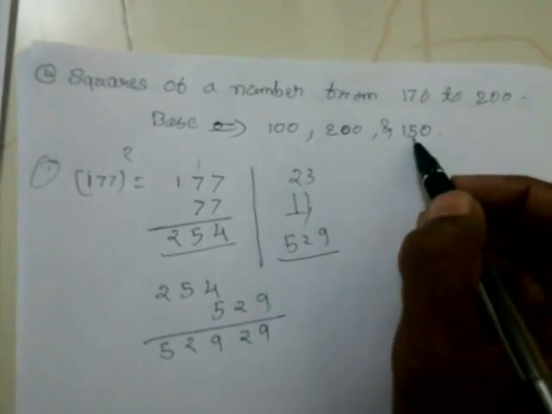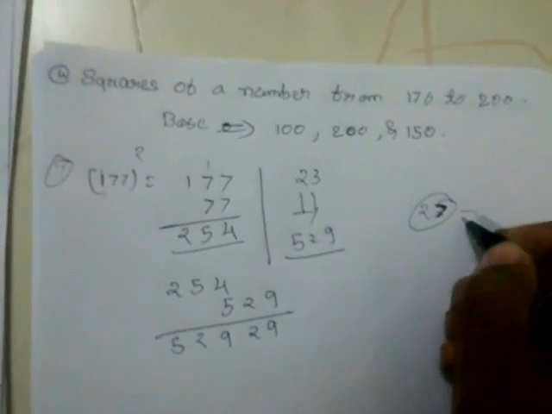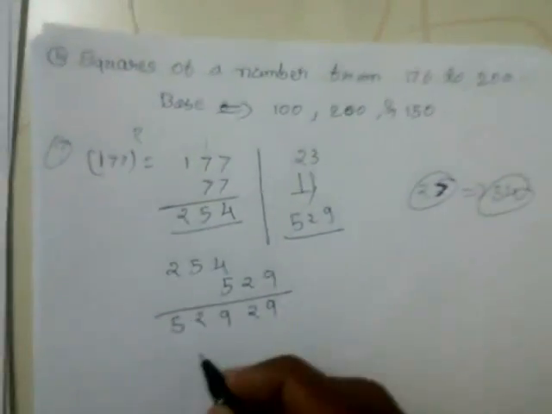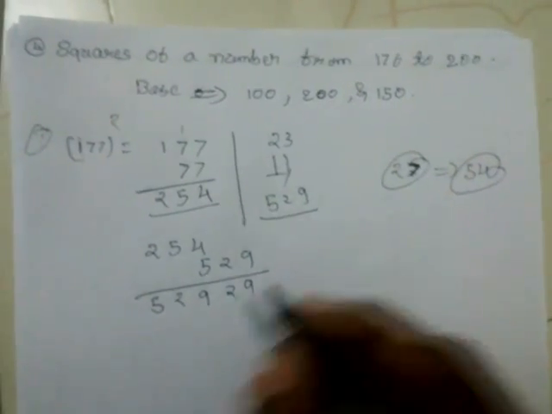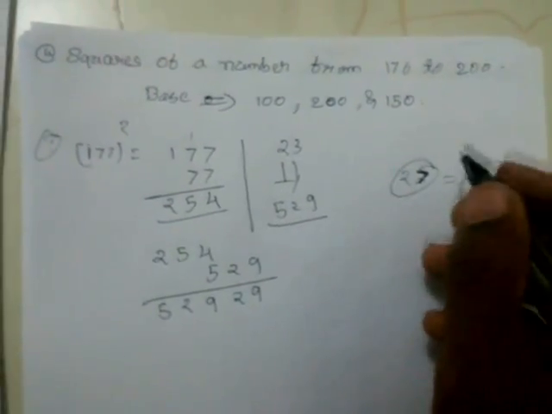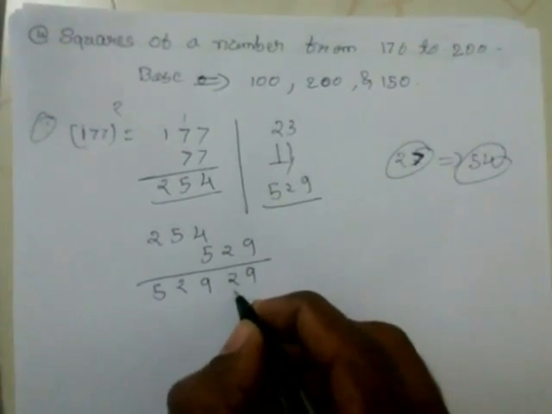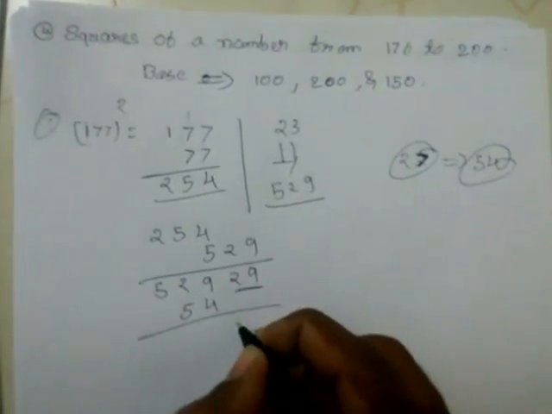Now in the last step, here is a trick in this category: find the difference between 177 and 150. That will be 27, and the double of 27 is 54. So here in the last step, before adding, make the double of the difference. So skip the last two digits and add 54 here.